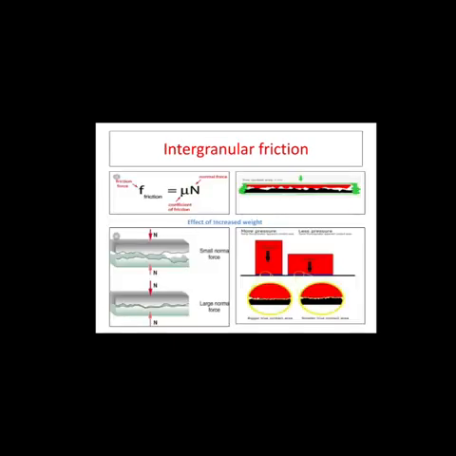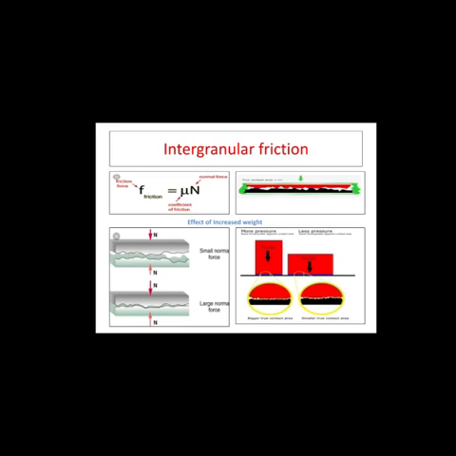The magnitude of the frictional force Fs is equal to mu times N, where mu is the coefficient of friction between the contact surfaces. This force is directly proportional to the reaction N. If the weight of the block is increased, the reaction N would also increase, and the corresponding frictional force would be greater than in the previous case.